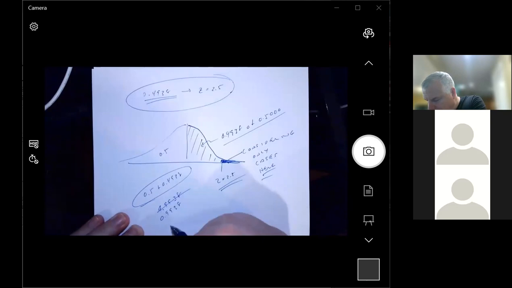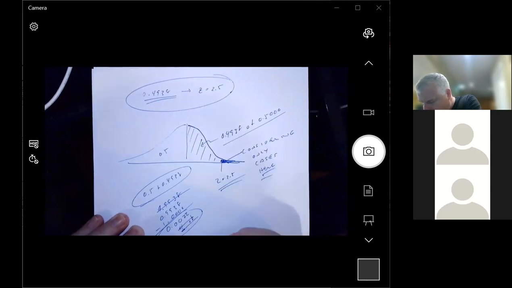So we've got only about 0.0072 of cases, which is equal to 0.72% of cases will fail.